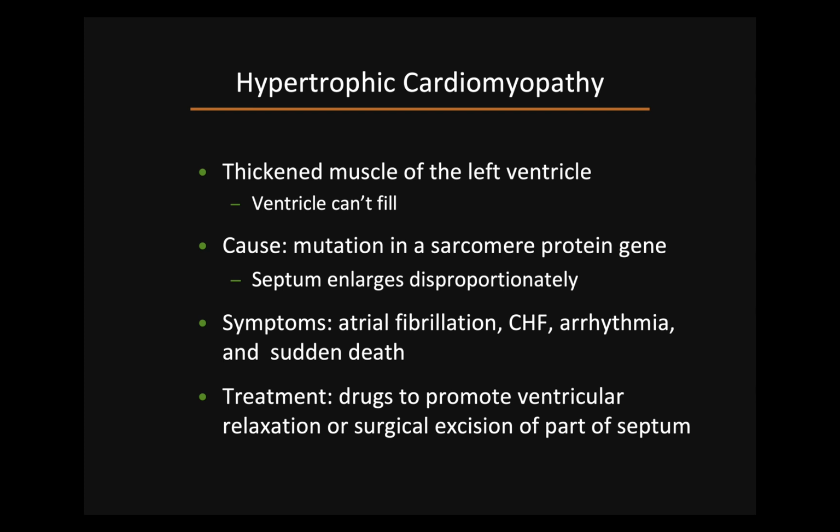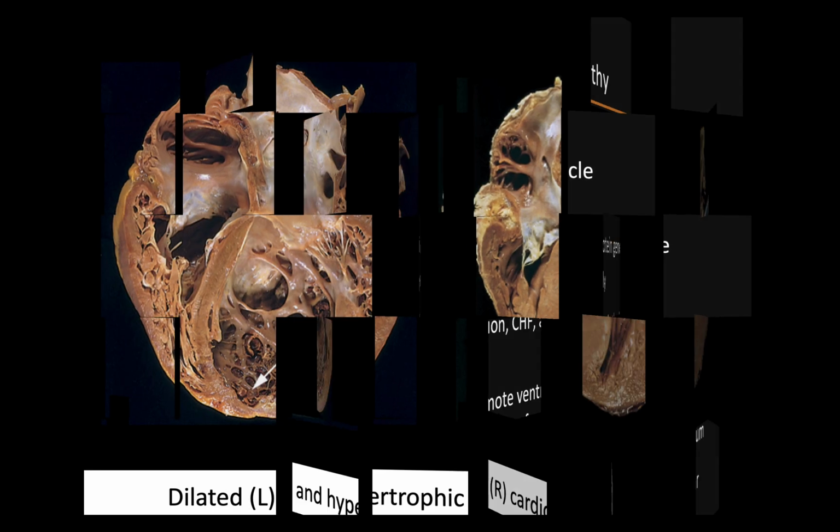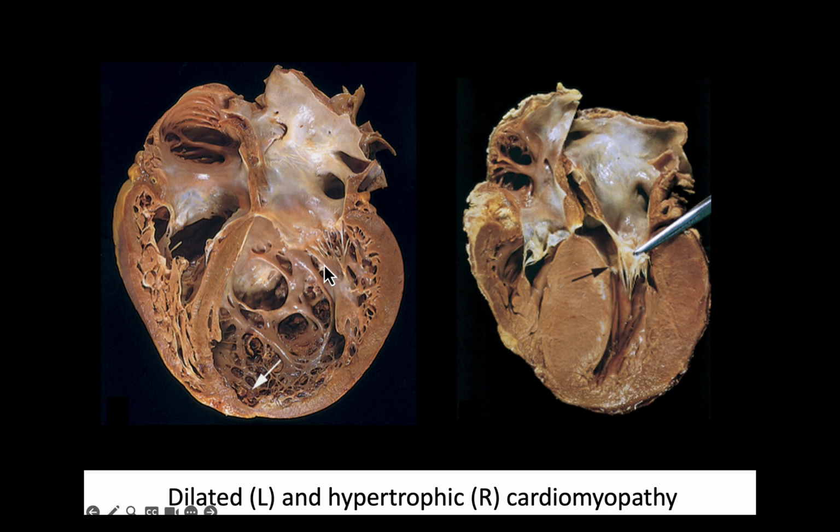The treatment are drugs that would allow the ventricular muscle to relax, or you go in and you surgically cut out part of that septum to open up the ventricular space. The prognosis, only about 4% of patients die from this annually. So you can see the dilated cardiomyopathy here, and then you can see the hypertrophic cardiomyopathy here.